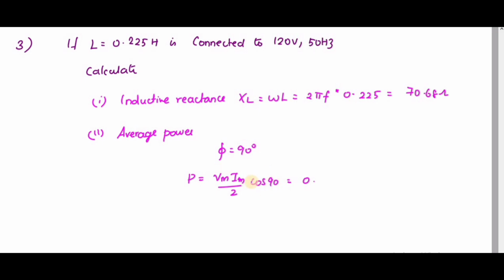We know that v(t) is equal to Vm sin omega t, so I am going to take v(t) equal to Vm sin omega t.